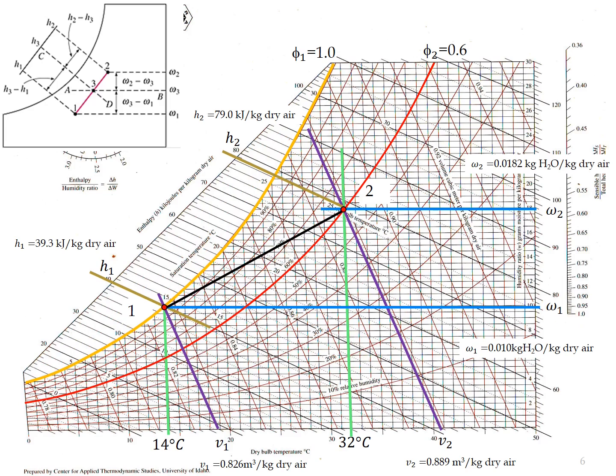Okay, so now for the mixing process, the location of state number 3 refers to the mixture condition at the outlet of the mixing section. So we just draw a line that connects state number 1 and state number 2.